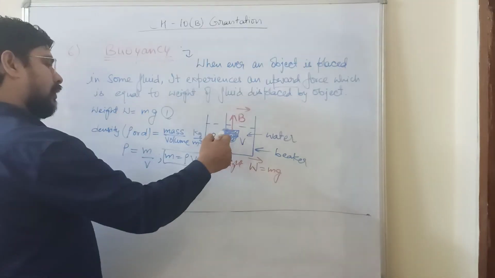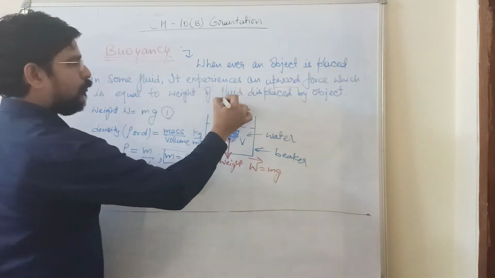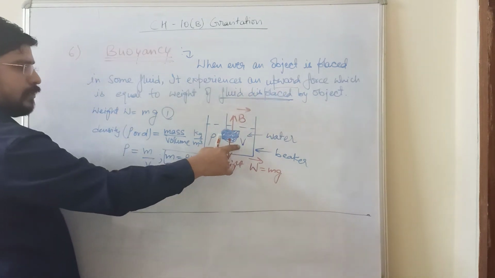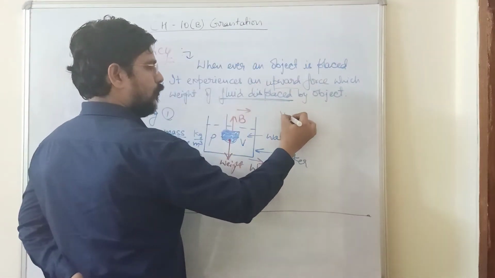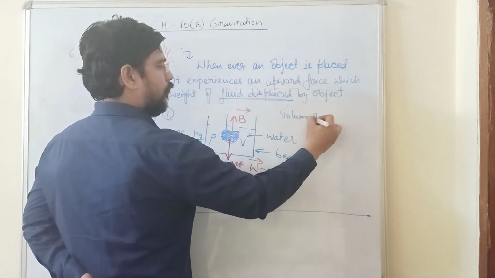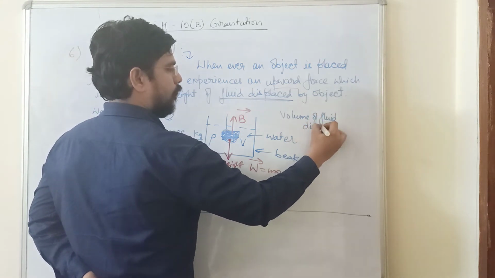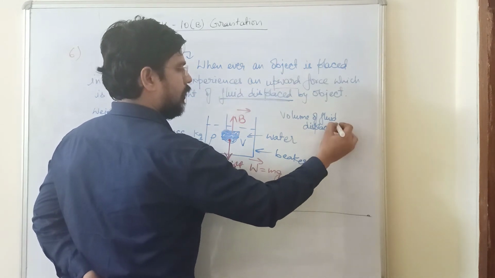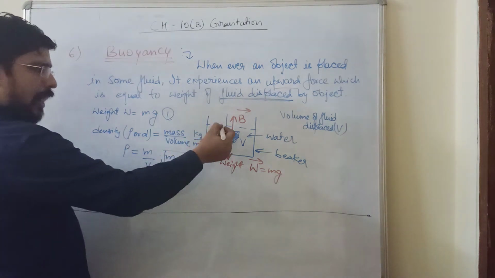Here the block has volume V, so what is the volume of fluid displaced? The volume of fluid displaced is also equal to V, the volume of the object itself. Now what is the mass of liquid displaced?